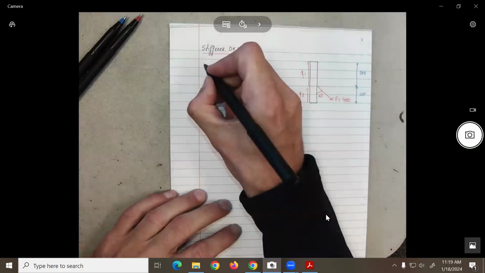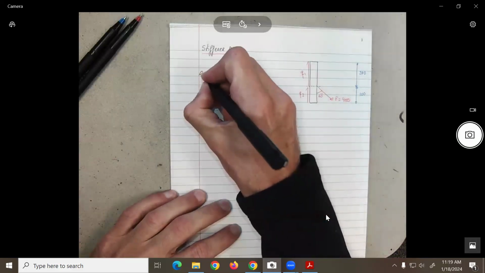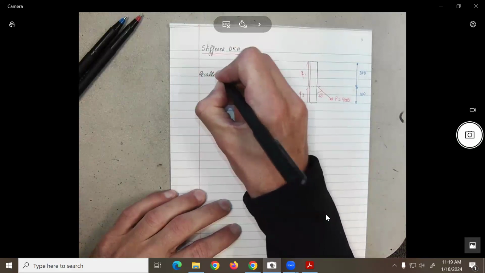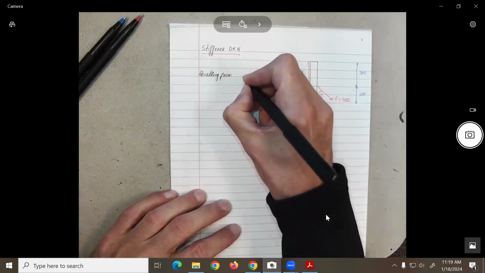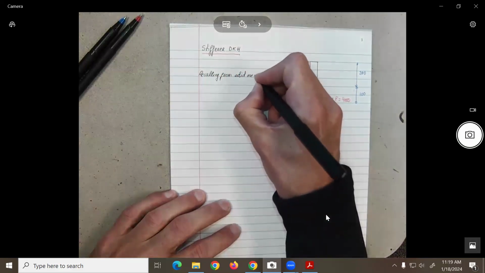Okay, so let's write this down. Let's say solid mechanics, but it must be solid statics as well.